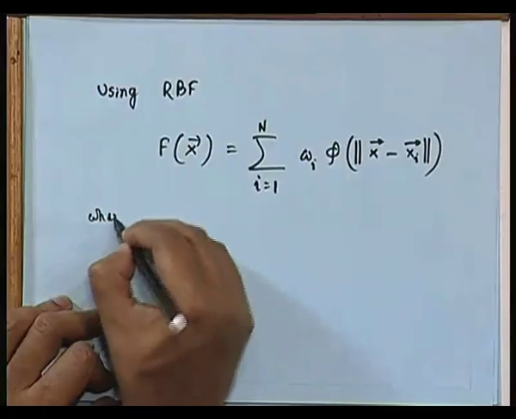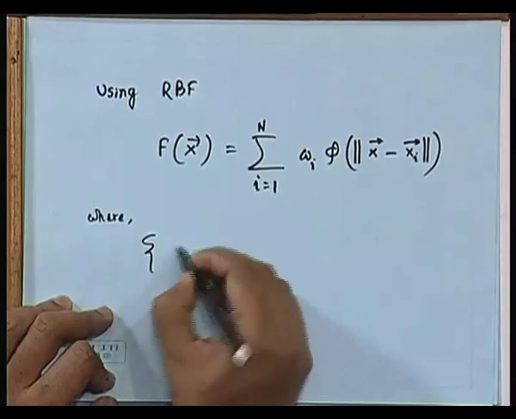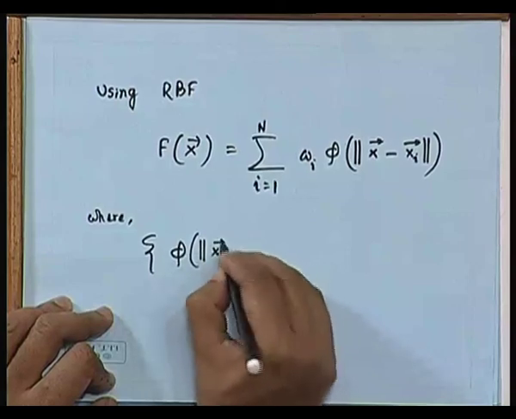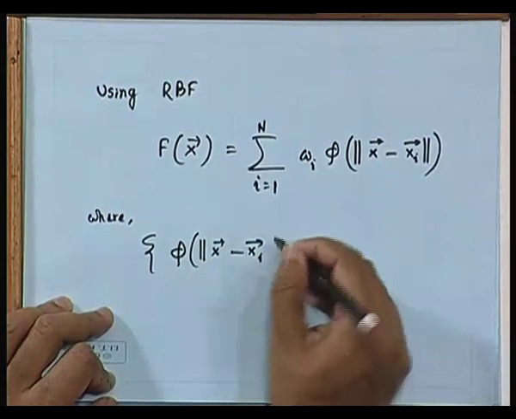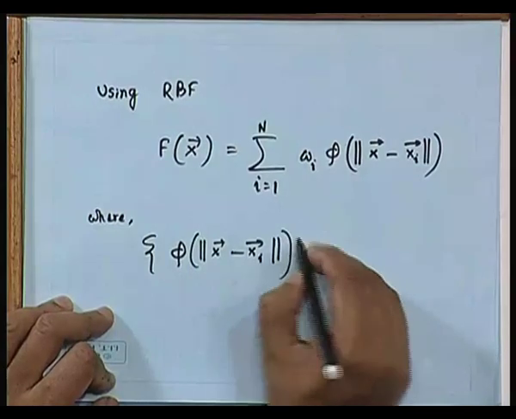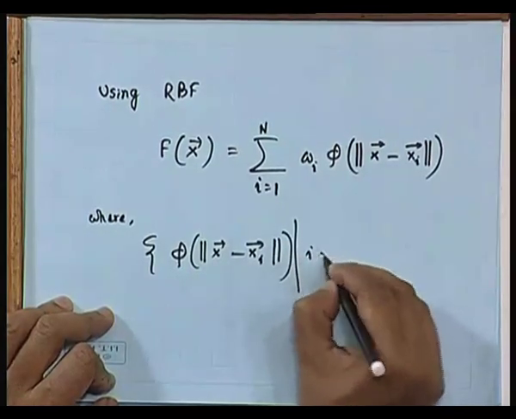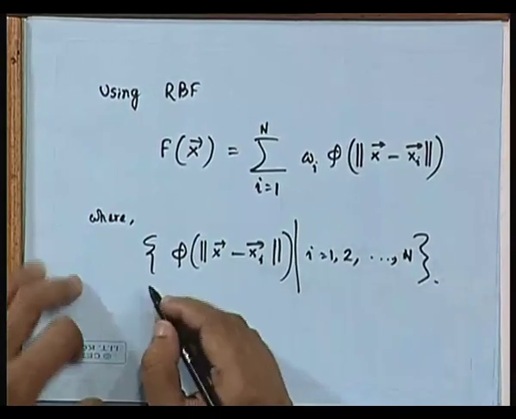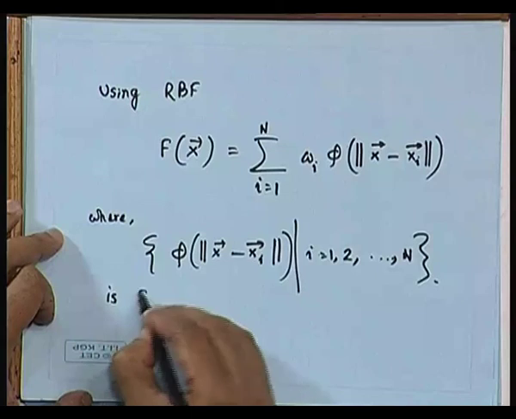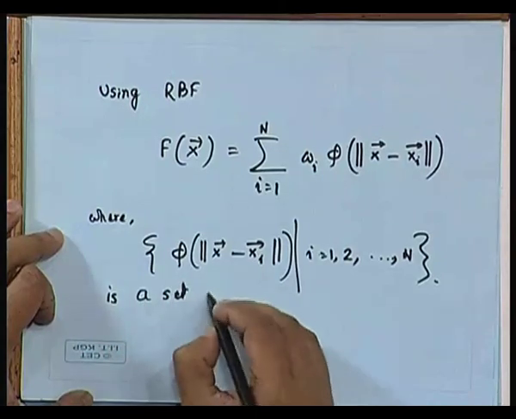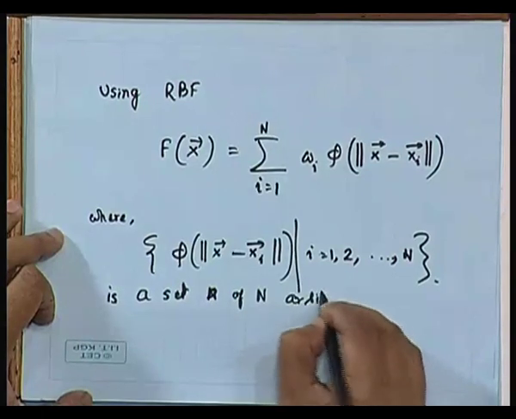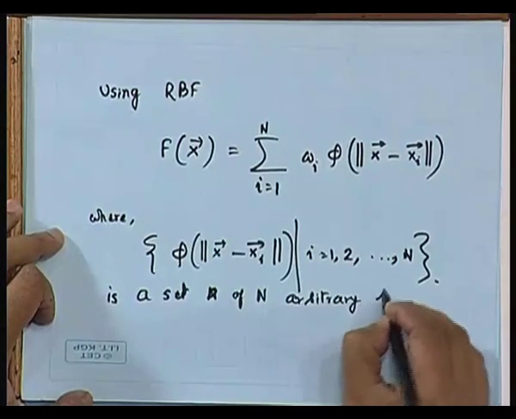The phi functions with argument x minus x_i, given that i is equal to 1, 2 up to n, are a set of n arbitrary functions.